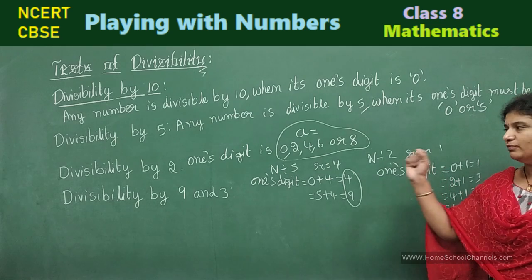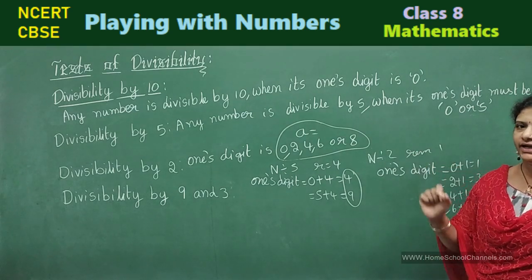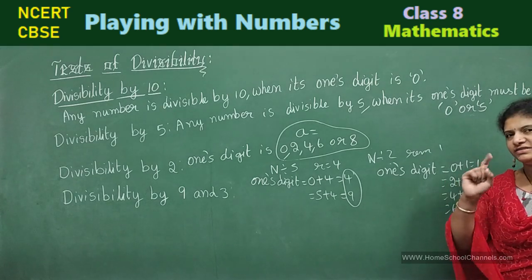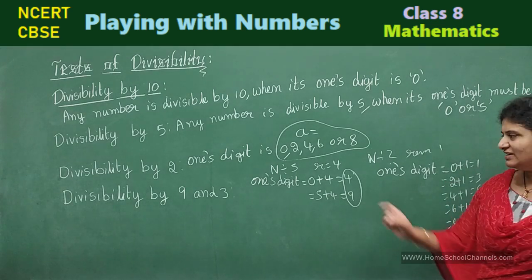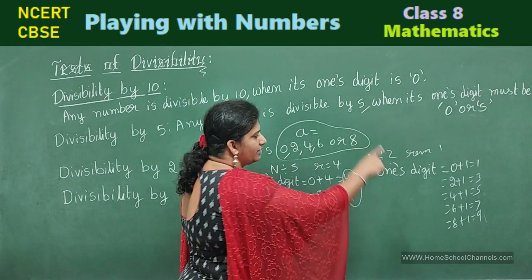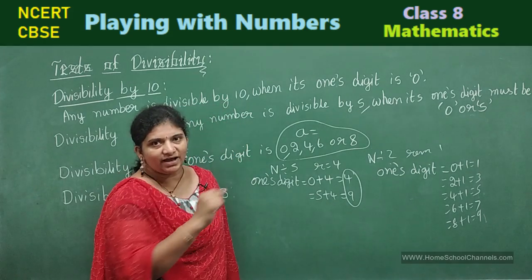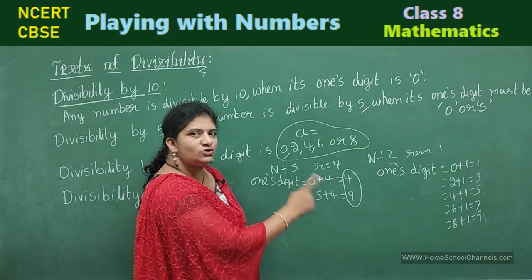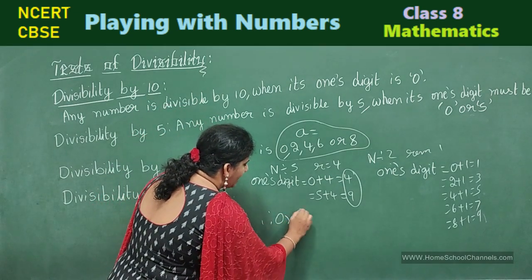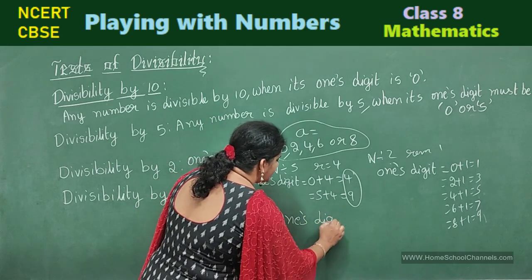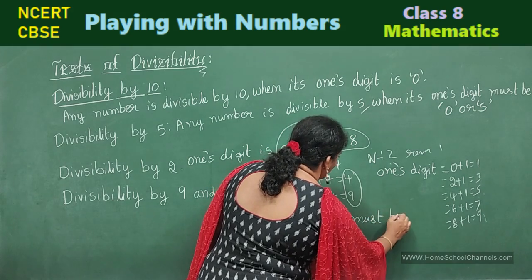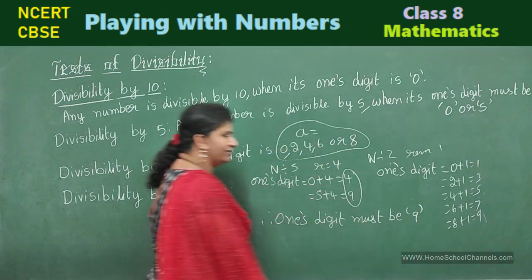But suppose both are the same number, dividing by 5 and dividing by 2, then what is its ones digit is your question. See here, what are the numbers you can see? 4 and 9. There, 1, 3, 5, 7, 9. Among these two, which number is common? 9. Therefore, the ones digit must be only one digit, that is 9.